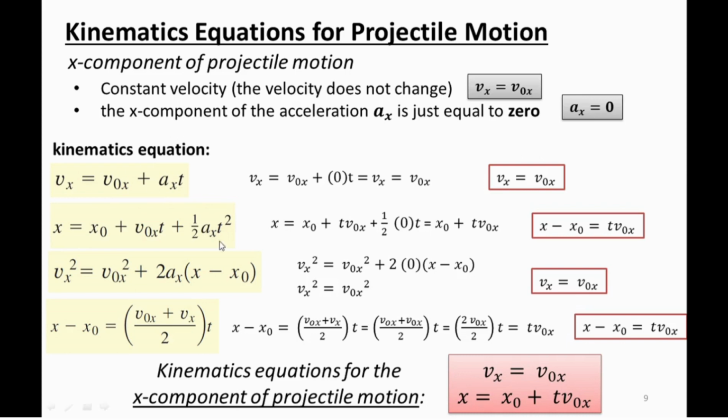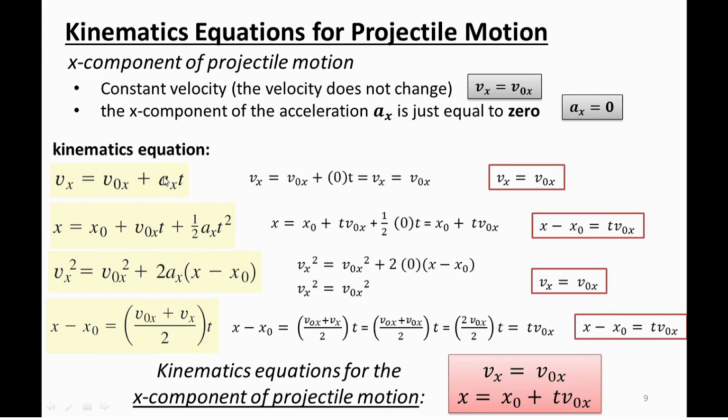Here on the left, we have the general kinematics equations for the x component of two-dimensional motion. And what will happen to these equations if we implement these conditions for the projectile motion? So first, the first equation, this one.